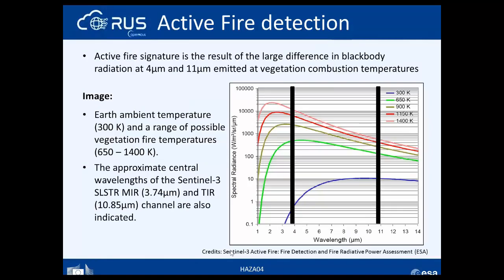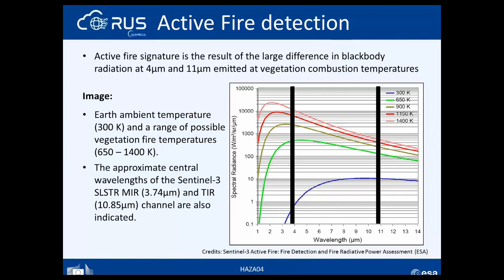Okay, so in this step we will apply a simple algorithm to detect or identify pixels containing one or more active fires at the time of the satellite overpass. So of course usually the active fire does not have the same extent as the 1 by 1 kilometer pixel.